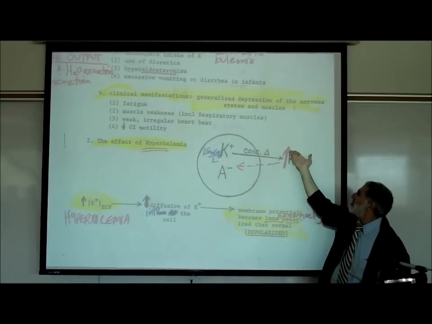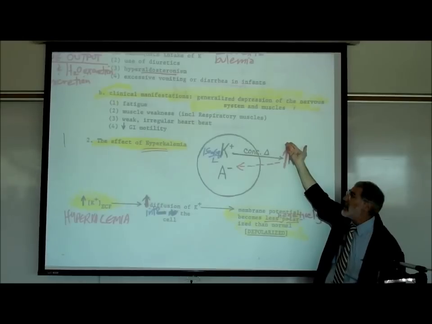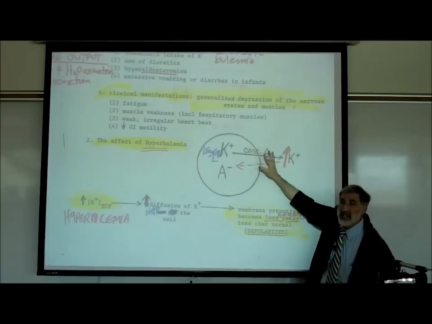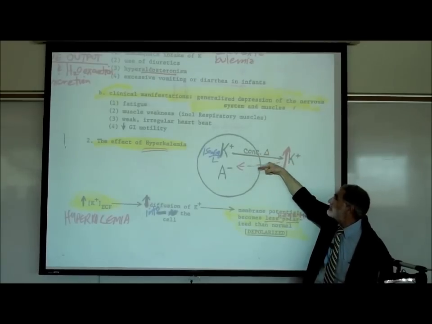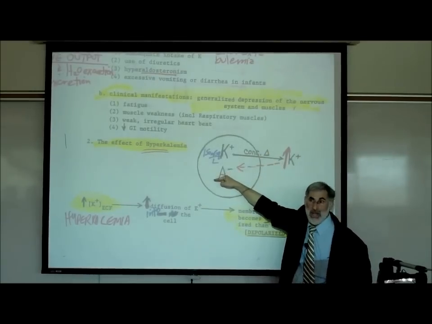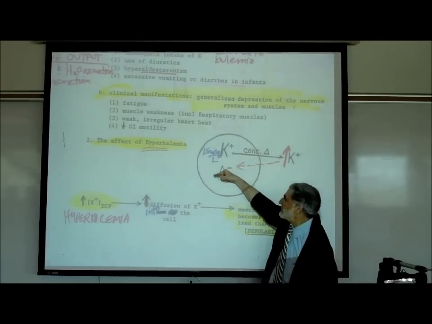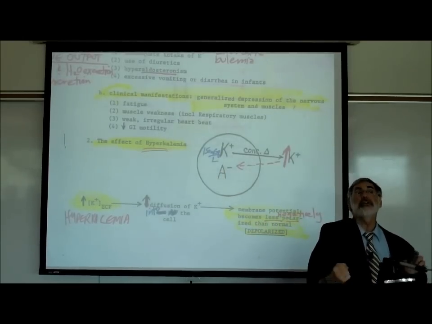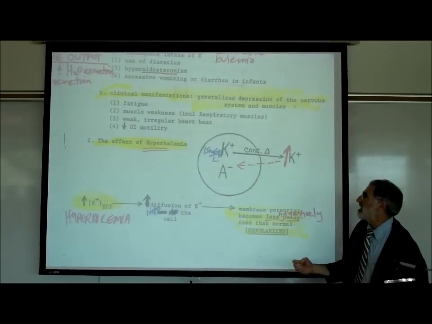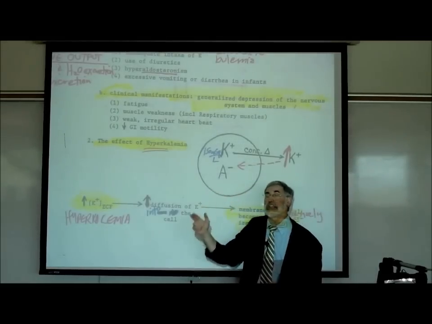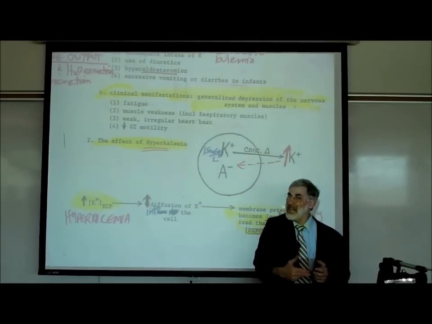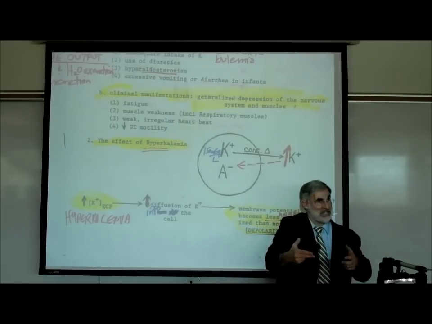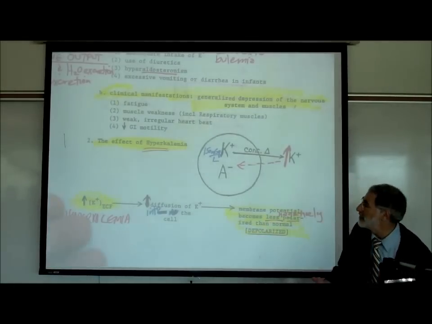As the potassium increases on the outside of the cell, that's basically changing these concentration gradients, and potassiums are going to start to flow in. And as positive charged potassium goes into the cell, it's making the inside less negative than normal. So instead of the cell being minus 90, it's going to become minus 85, minus 80, minus 75, minus 70, minus 65, minus 60. It's becoming less negative.